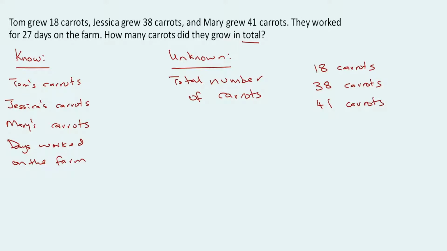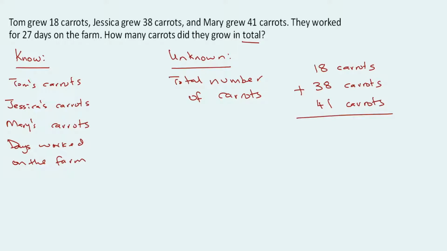So you may ask, what about 27? 27 is the number of days they worked on the farm. It has no relationship with the carrots in question. It has no relationship with the unknown, which is the total number of carrots. So that's why we're going to ignore it when we add.